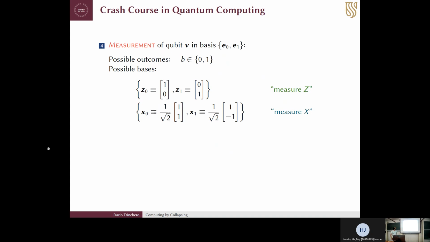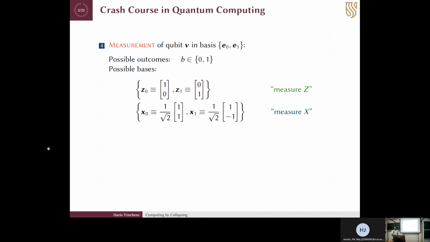That's our outcome set. But we can make that measurement with respect to different bases. And these bases are described by basis vectors for C2. They're also, as it turns out, eigenbases for certain matrices, so that is the basis of eigenvectors of a matrix. This basis up here is the eigenvectors of the Z matrix, and this one is the eigenvectors of the X matrix.